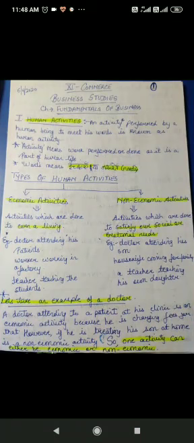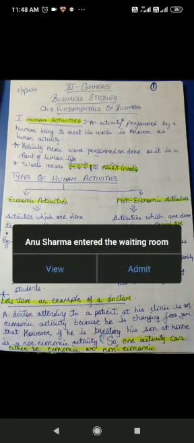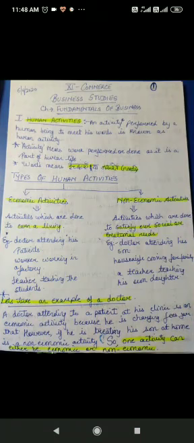Activities mean work performed or done as a part of human life. As you know, if we do not work, how do we eat? How will we live? So for living a good life, for our basic necessities, we need to perform an activity.